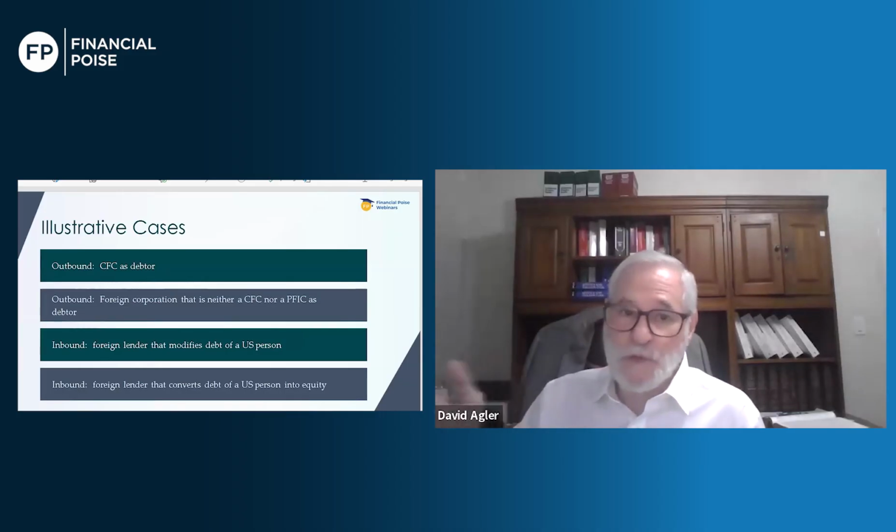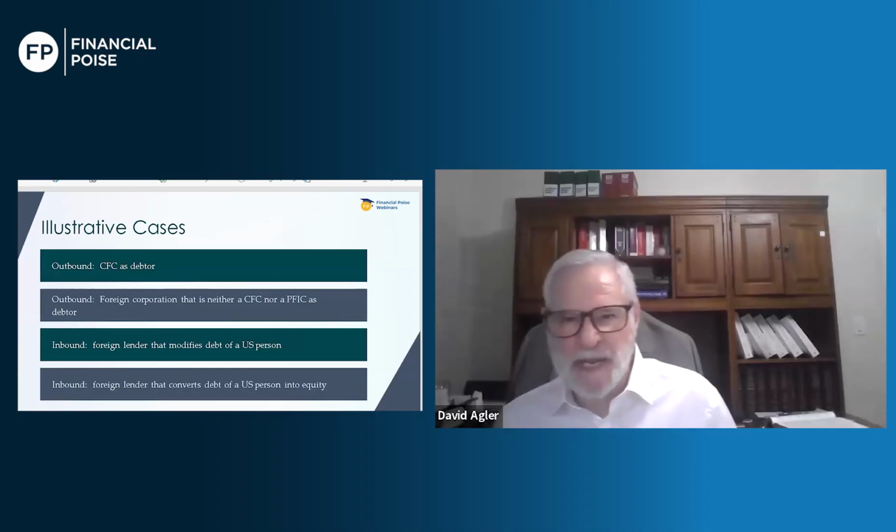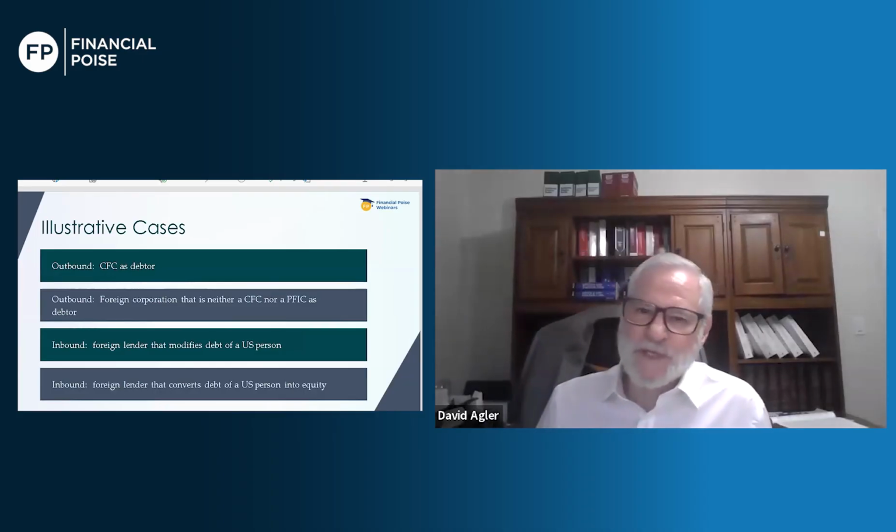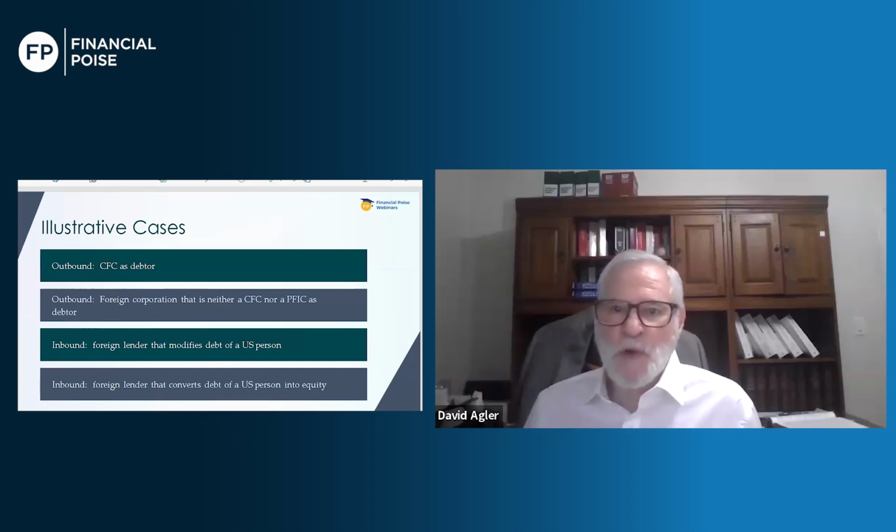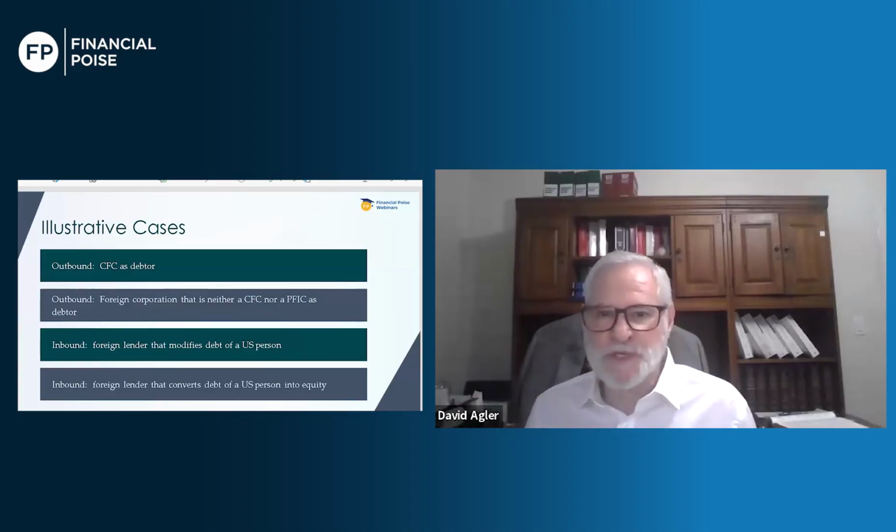Those include potential cancellation of debt income. There are a bunch of cancellation of debt income rules for different scenarios where you do a debt for debt, where you do a debt for equity, where you have a capital contribution, if that's how the debt is going to be resolved. And so it's important that the debtor understand that it may end up with some sort of cancellation of debt income.